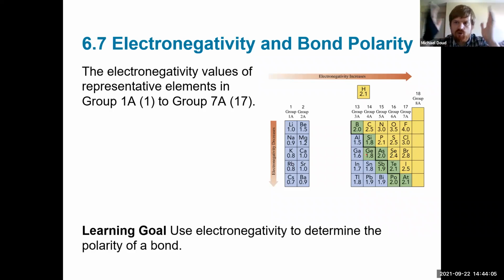So this is a really crucial part of the class, making sure that you understand how to predict a polar compound from a nonpolar compound when you encounter them in the real world. That's why we're really diving deep on this topic in chapter 6.